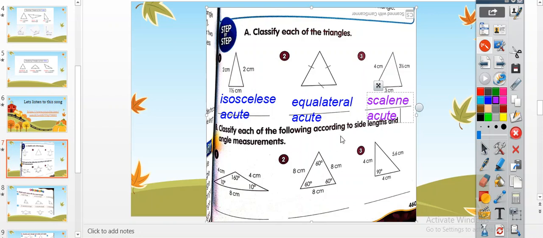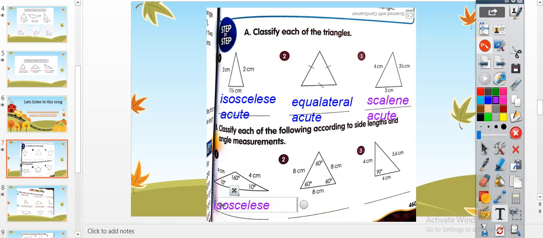Classify each of the following according to the side length and according to the angle measurement. Well, simply, let's classify them by sides. I have here 8, 4, 4, so we call it an isosceles triangle.